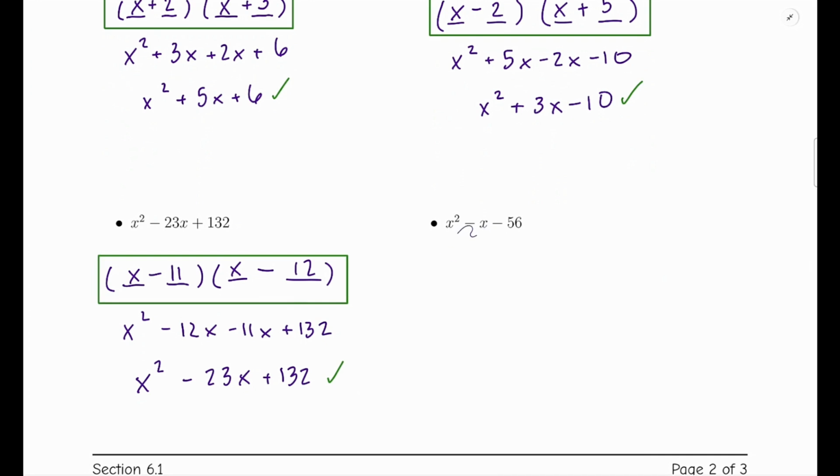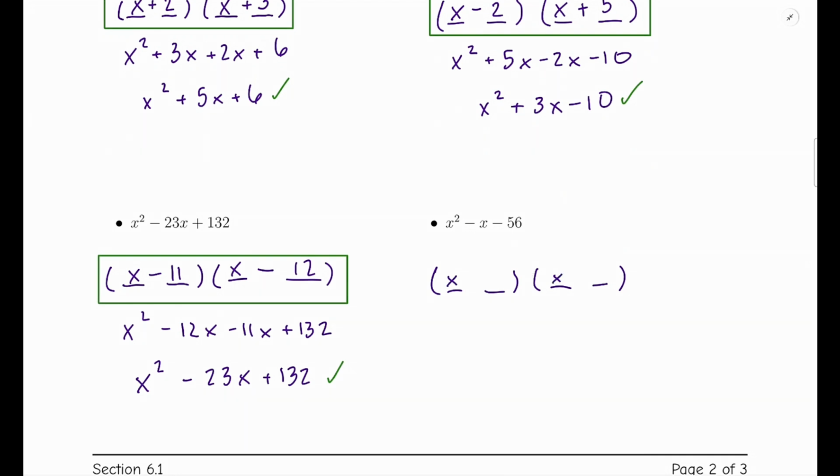Okay, we have x squared minus x minus 56. Again, going to guess two things. But this time, because I'm multiplying to a negative, one of them has to be negative, one has to be positive. But since the middle sign is negative, this time the larger number must be negative. So what times what is x squared?